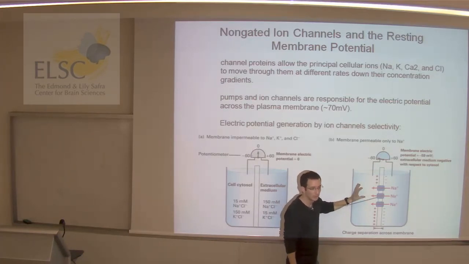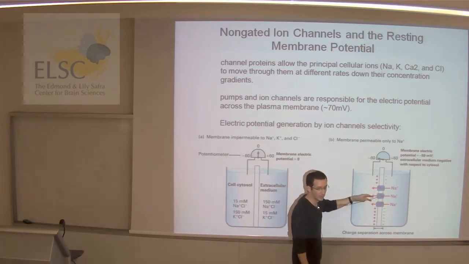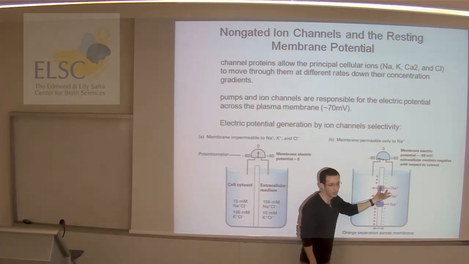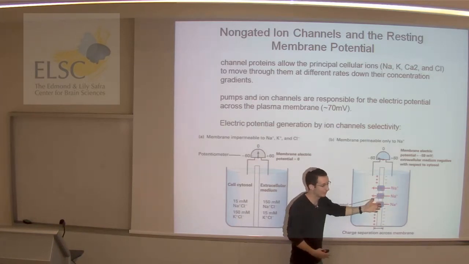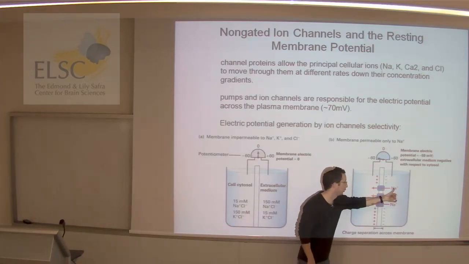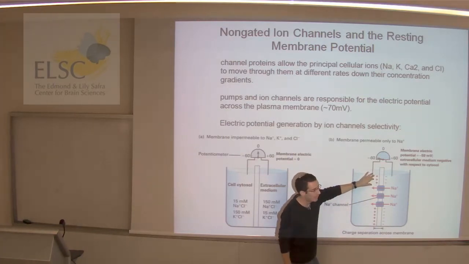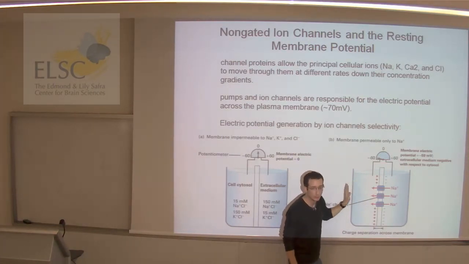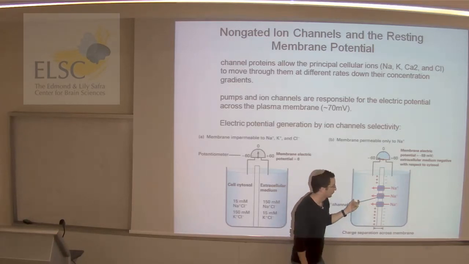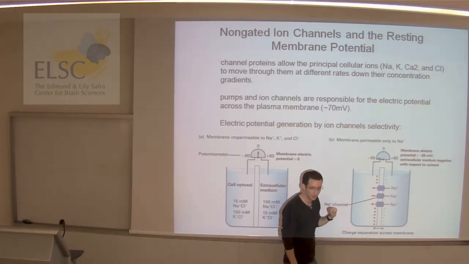Equilibrium with what? With the electrical gradient. Okay, so each ion here feels two forces, or two driving forces. The one is to go down its concentration gradient, but at a certain point, the excess of positive charge right here would oppose any further current of sodium into the left cell.